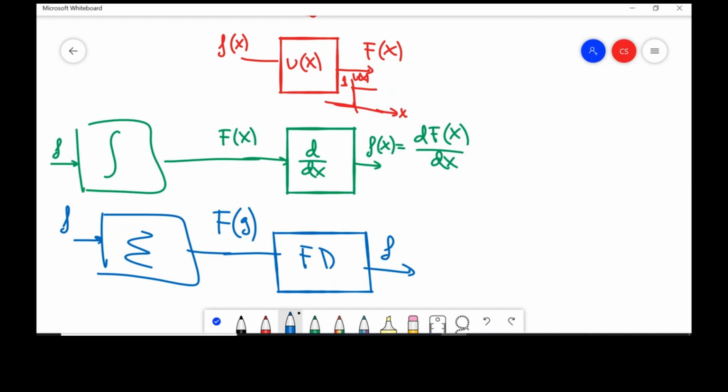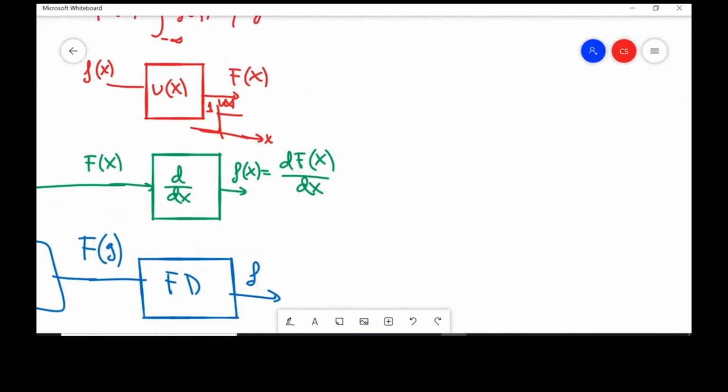So this is continuous, so first you integrate and then you differentiate. This is for discrete. First you sum and then you compute the first difference, that difference that we had before. So what is the derivative?